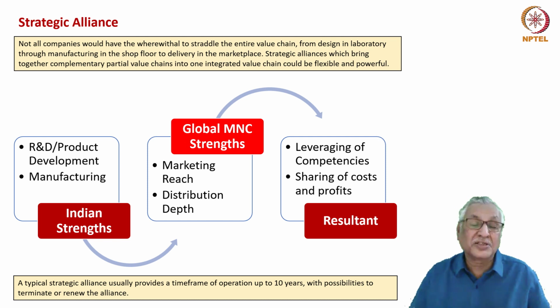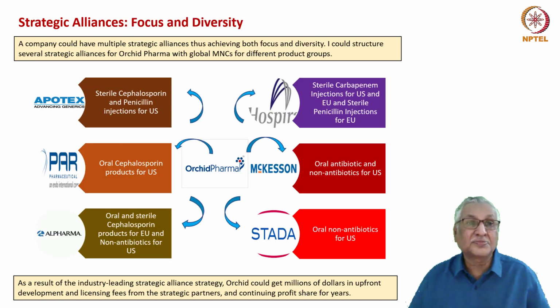A typical strategic alliance usually provides a time frame of operation of up to 10 years, with possibilities to terminate or renew the alliance. Let's look at some examples of strategic alliances and how focus and diversity are supported by strategic alliances. A company could have multiple strategic alliances, thus achieving both focus and diversity.